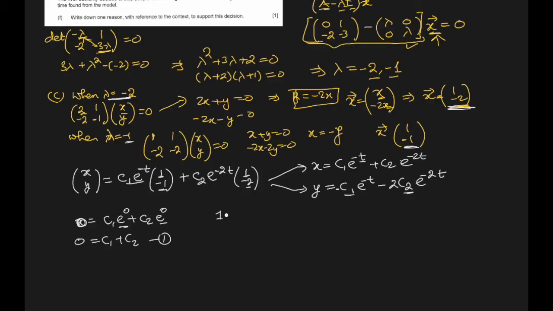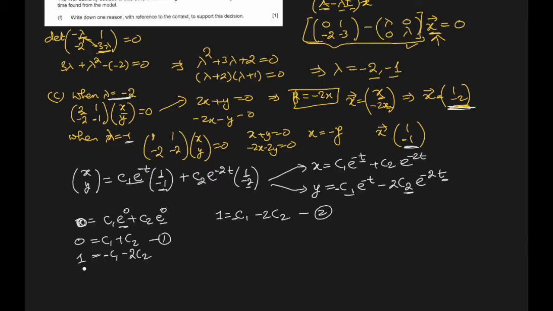Second, y is 1 when t is 0. So minus c1 minus 2c2. And I did not write this because t is 0, so it is again 1, just like this. This is equation number 2. Can we add them? Yes, we can, because this is c1, the second one is minus c1, that will get cancelled out.